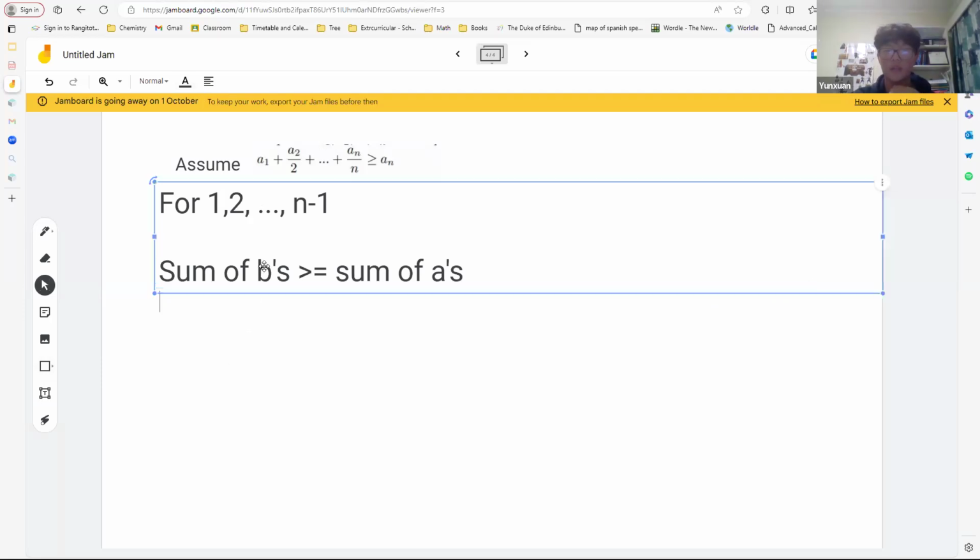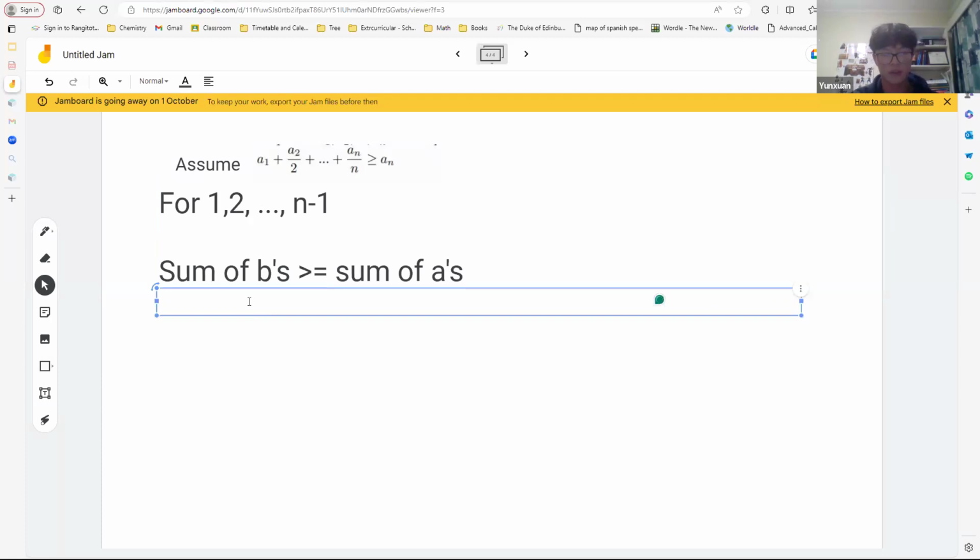But then what is the sum of b's? The sum of b's is n minus 1 times a1 plus n minus 2 divided by 2 times a2 plus ... plus n minus n minus 1, which is just the same thing as 1 times a n minus 1 divided by n minus 1.